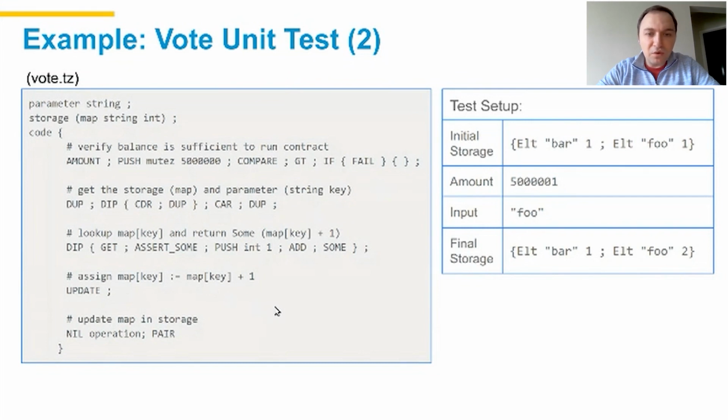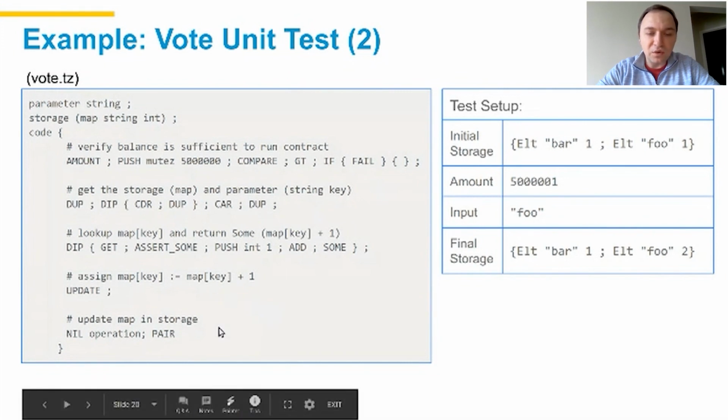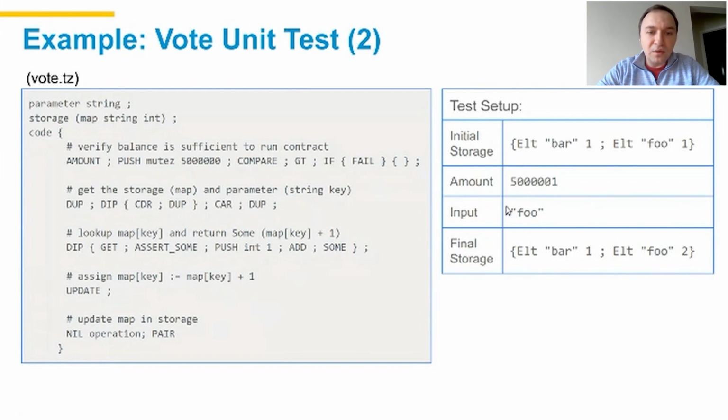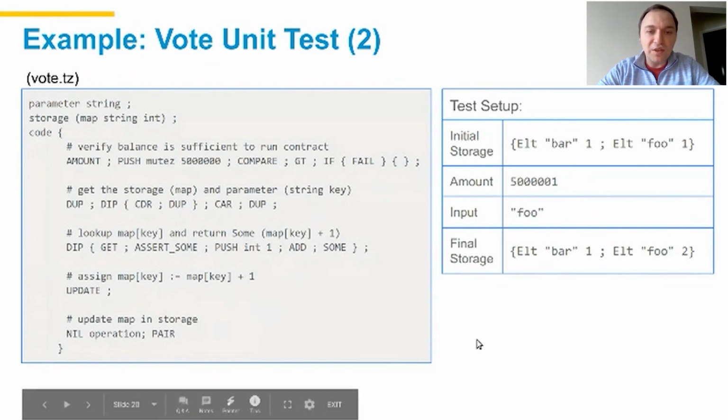Now, to run this contract with some input, we'd have to specify in the storage an amount, and specify the key that's going to be our input parameter. And then we also want a final storage. That's what we expect to see when we finish running the test.